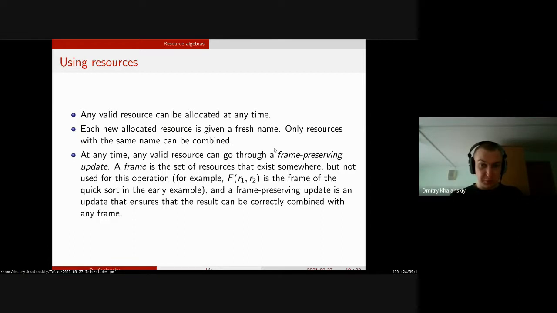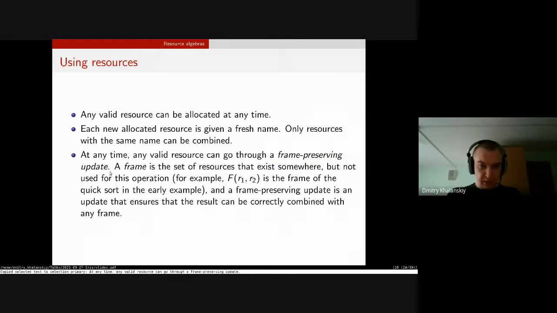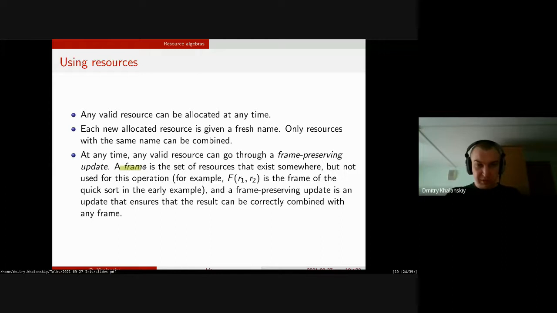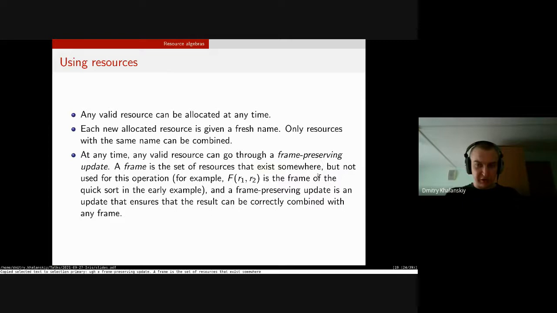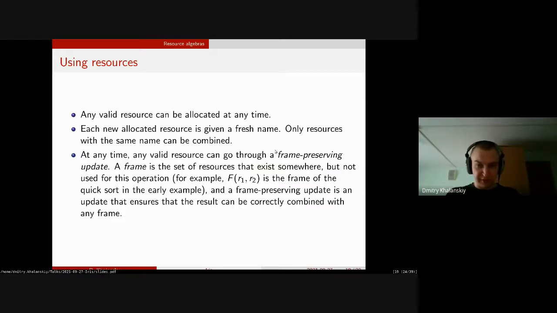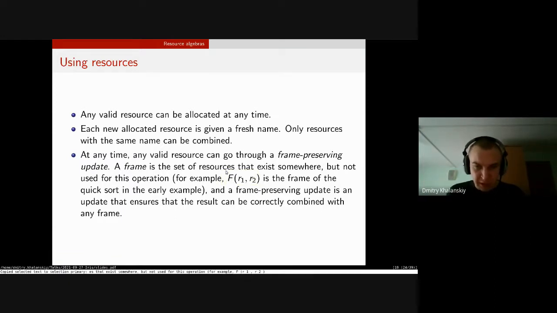Instead, if you want to update the resource that you already own, you have to go through a frame-preserving update. What is a frame? A frame is a set of resources that exist somewhere, but not used for the operation of the frame-preserving update. For example, we could say that the ugly statement in the naive quicksort proof that had this form is the frame of the quicksort in that example.